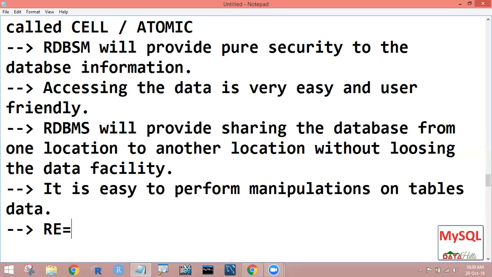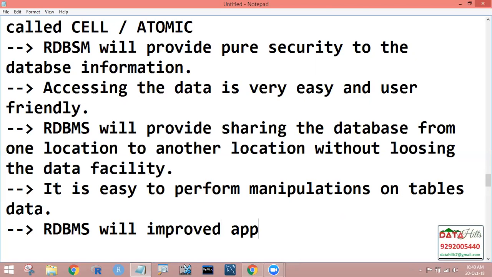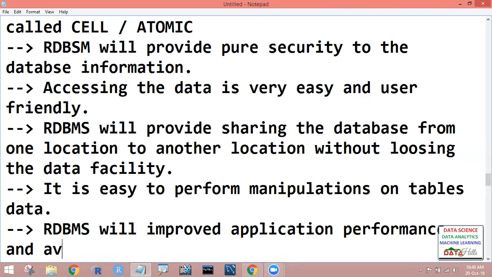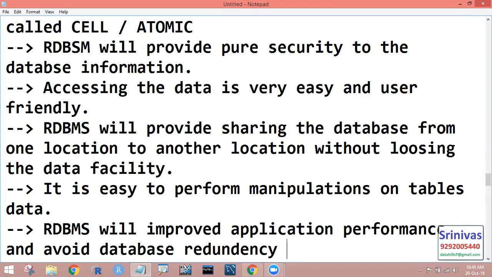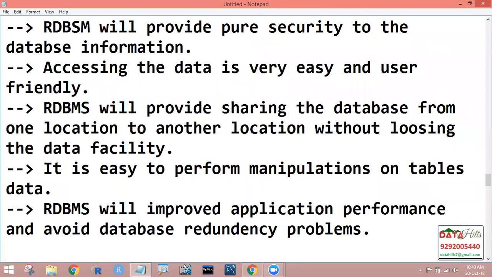This RDBMS will provide good performance, will improve application performance, and avoid database redundancy problems.